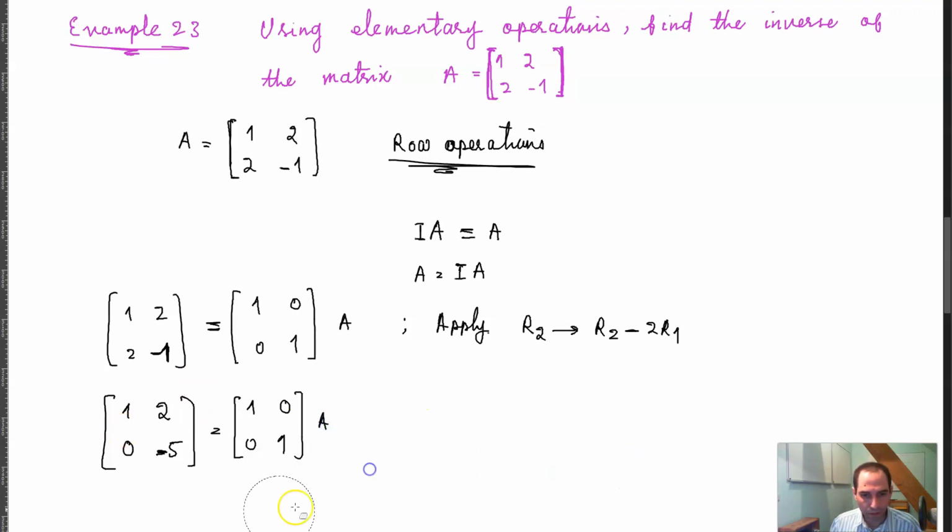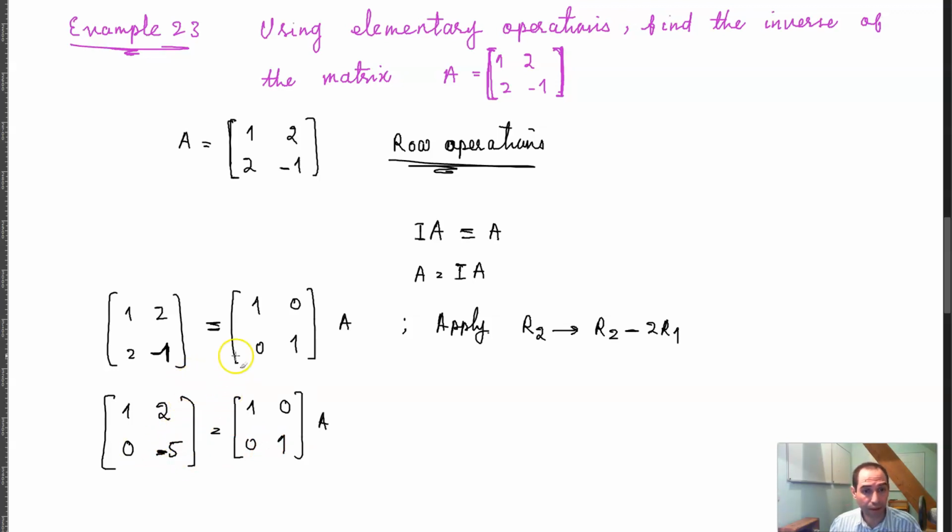So that was the first step that we did in order to make this a 0, and I have to do this step by step so that this matrix looks exactly like an identity matrix. So now this 1 is okay. I need a 0 here, and I need a 1 over here.